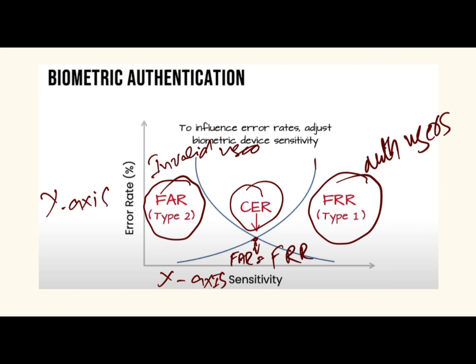Type 2 risk may be tolerated if we are talking about a system which, if compromised, the impact is too low. So type 2 error is a security risk. That means it must be minimized or eliminated. Type 1 can be tolerated, but type 2 should not be.